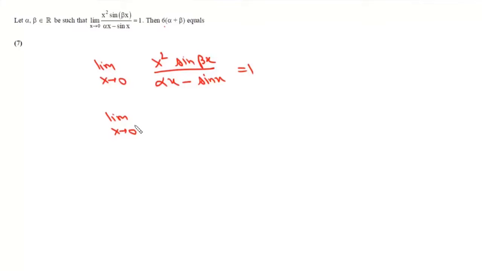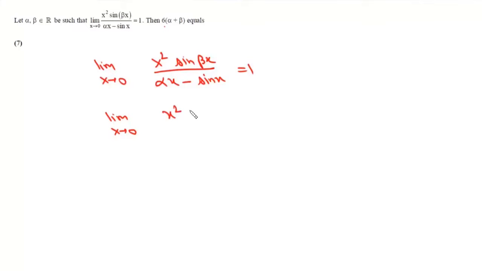Now here we are given that the limit x tends to 0 of x square sine beta x upon (alpha x minus sine x) is equal to 1. We need to find the value of 6 alpha plus beta. Now we'll solve this question using expansion.